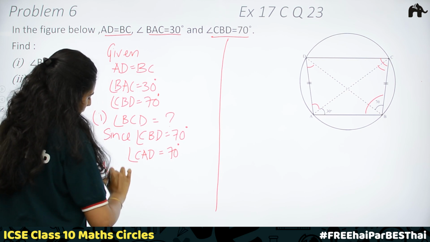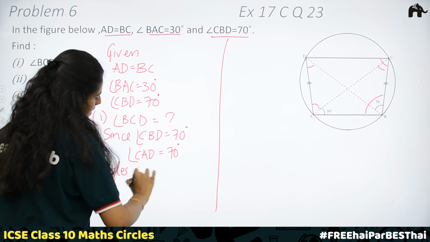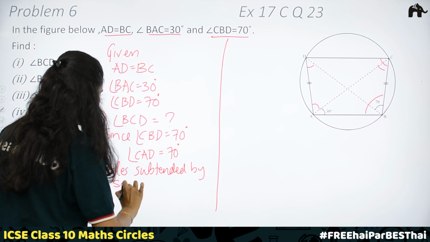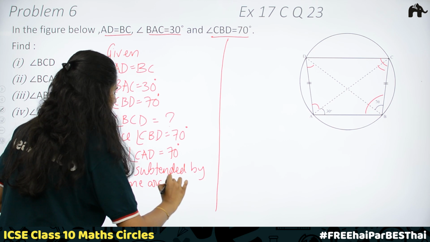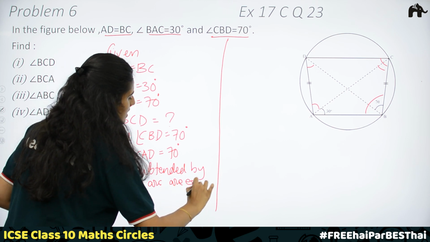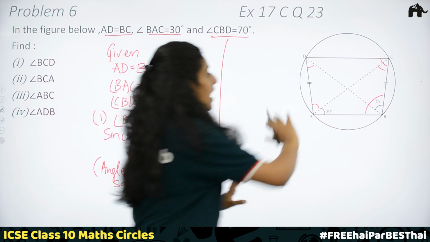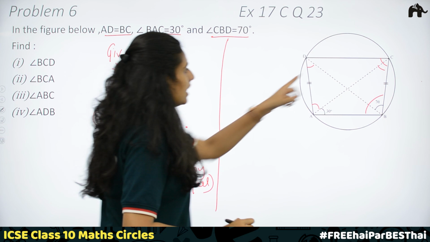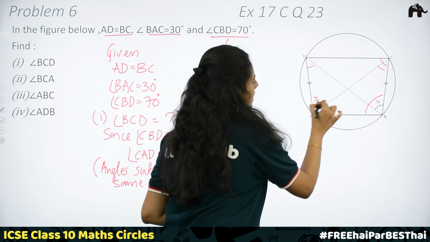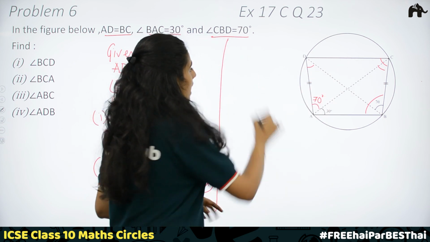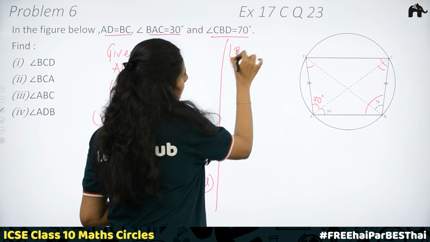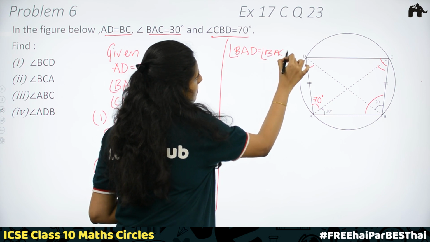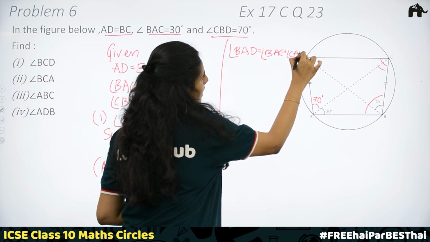What is the reason? Angles subtended by the same arc are equal. Same arc or the same chord or the angles in the same segment will be equal. This is the reason. So we got angle CAD is 70 degrees. We know that angle BAD is equal to angle BAC plus angle CAD.